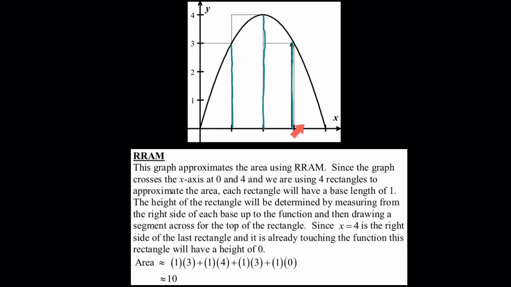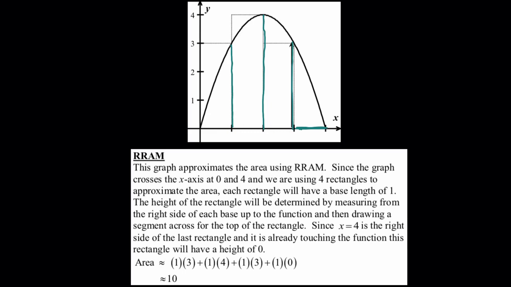So for this first rectangle with a base right here, the height would be determined where the right side of your rectangle hits the function. Well, that's right here. That means the height is going to be an actual height of 0.